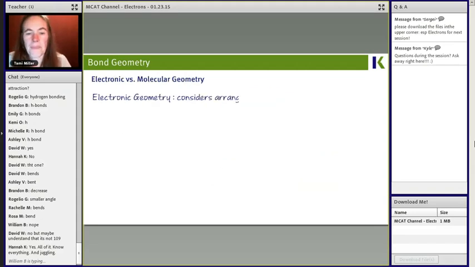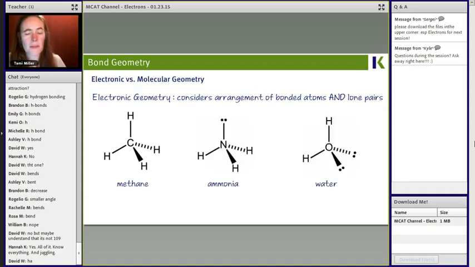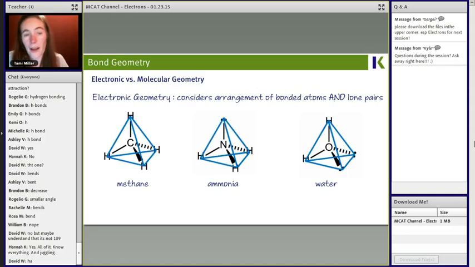All right. So, electronic versus molecular geometry. Electronic geometry looks at where all of the electrons are. So, we already mentioned methane, ammonia, and water. If we look at all of those and look at the electron pairs, the electronic geometry is all tetrahedral, which is our 109.5. So these are all happy. However, the molecular geometry, looking at the bond angles, is not 109.5, right?